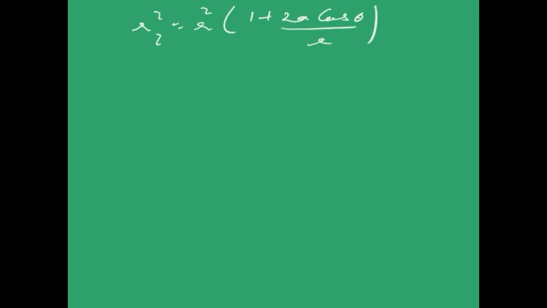Now I can rewrite this, as I have two equations, one for R1 square and one for R2 square.